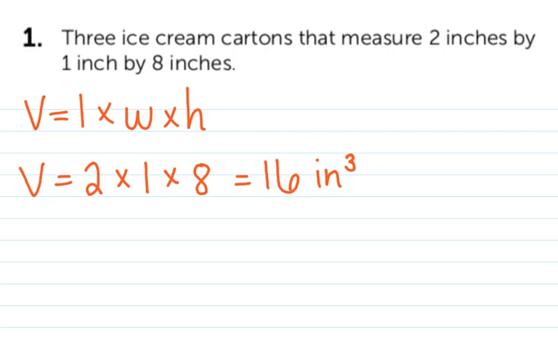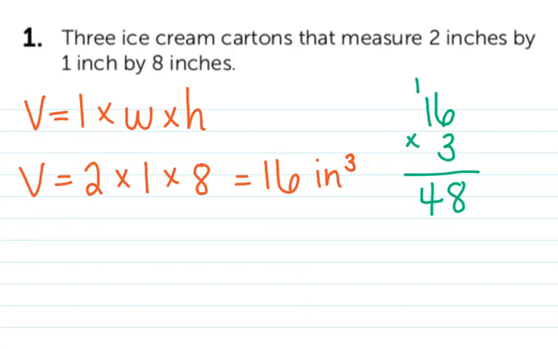So I'm just going to take that 16, the 16 that we got for one carton, multiply it by 3 because we actually have 3 cartons, and 3 times 6 is 18, carry the 1, 3 times 1 is 3, plus 1 is 4.